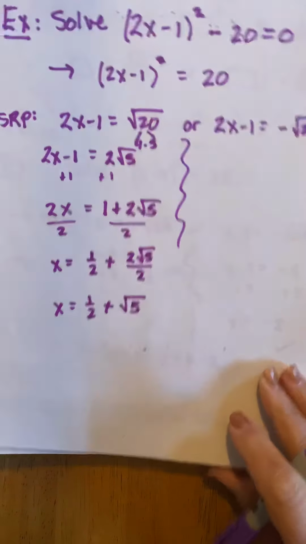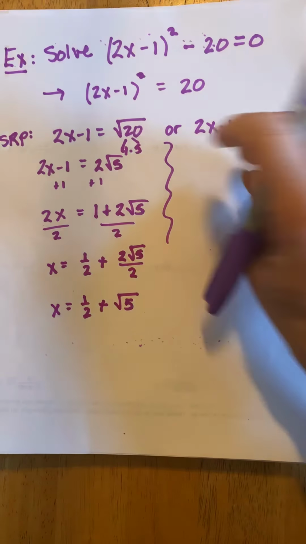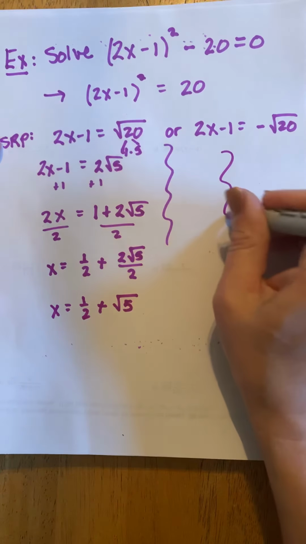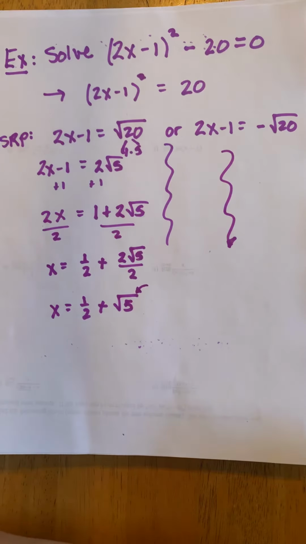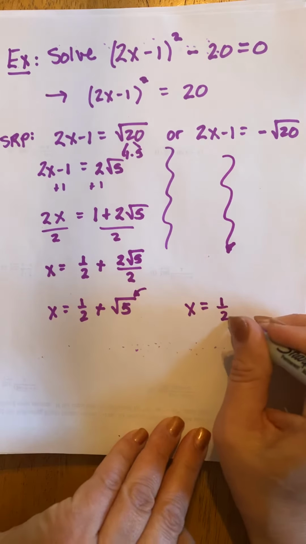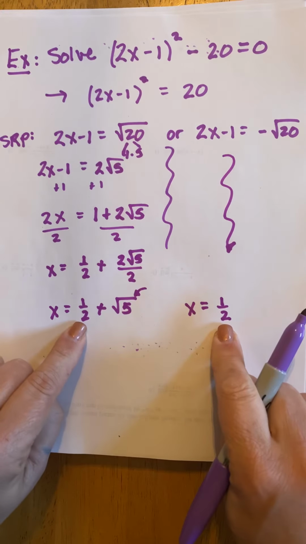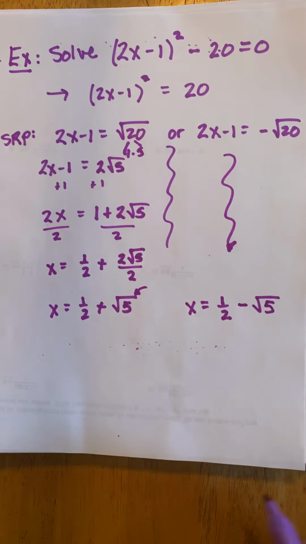So here we have a solution that involves a radical that I can't simplify. Without going through all the algebra again, I know if I have an answer that involves either an i or a radical that you cannot simplify, its conjugate buddy is always the other solution. The nice part of the number has the same sign. What changes is the sign in front of either the i or the radical.